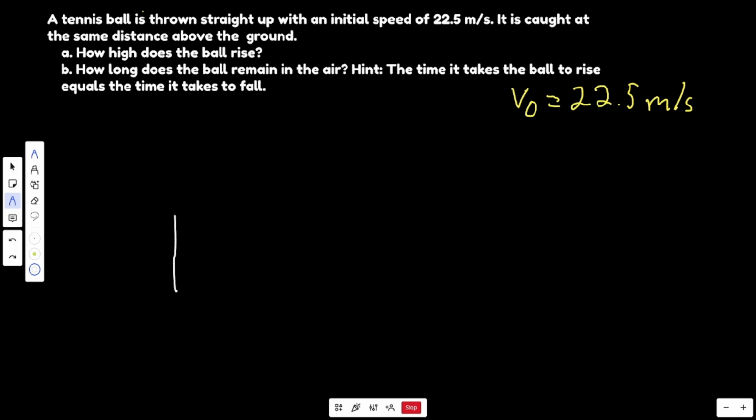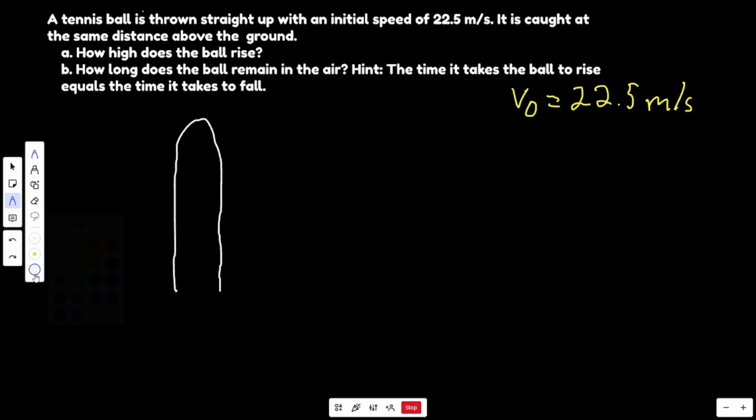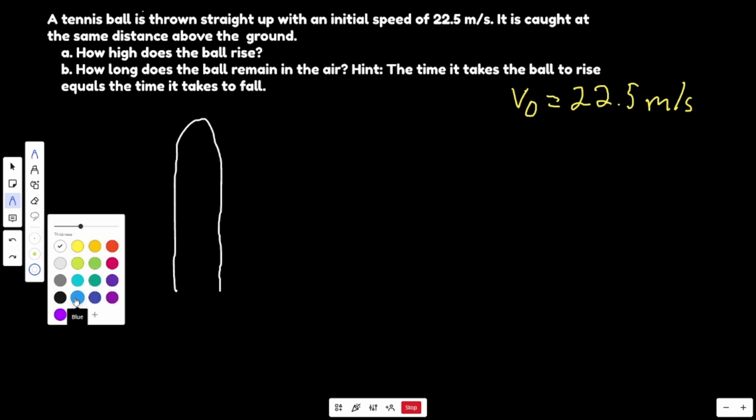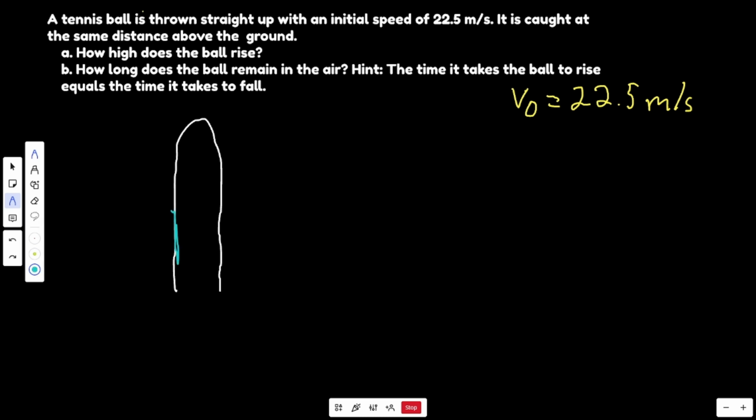I'm just not very good at drawing. Okay, there. So this is the end of our first vector right here. Let's use a brighter color. Okay, so this should be 22.5 meters per second. And how high would the ball be able to rise?